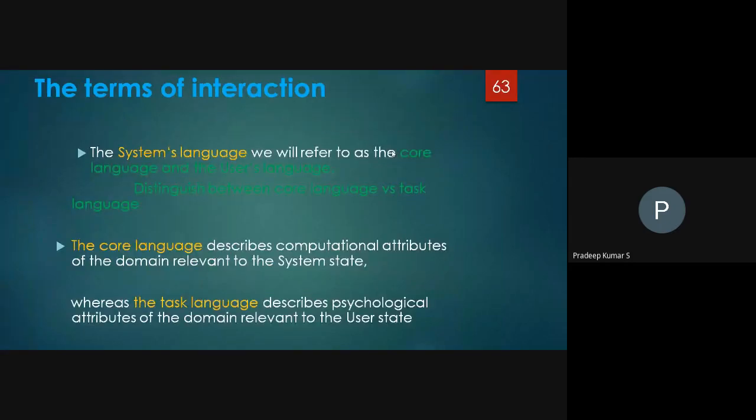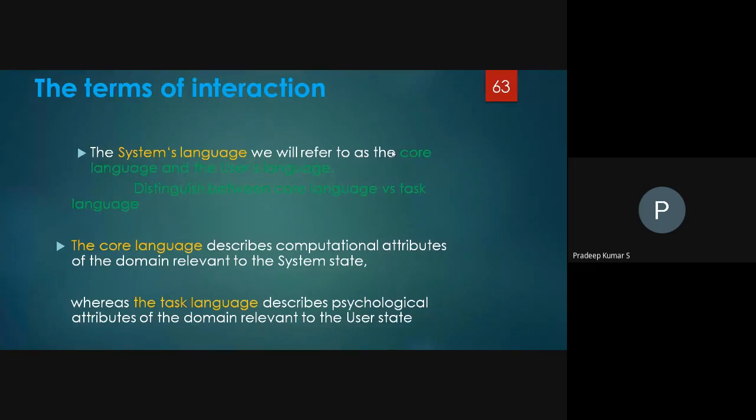Here, for the interaction, I can specify two languages: one is the core language, next one is the task language. What is the core language? It describes the computational attribute of the domain relevant to the system state. The task language describes the psychological attribute of the domain relevant to the user state.